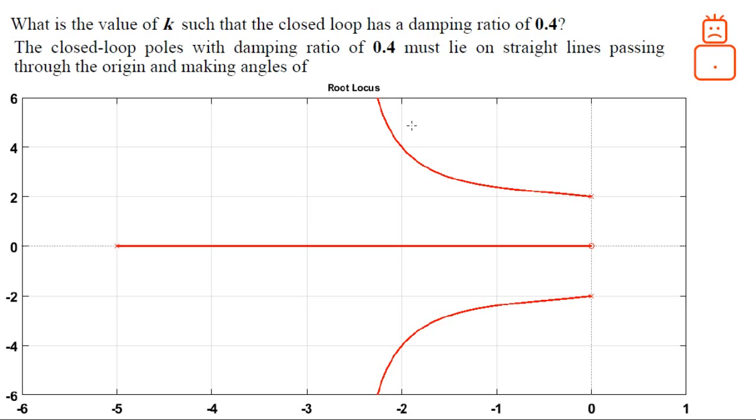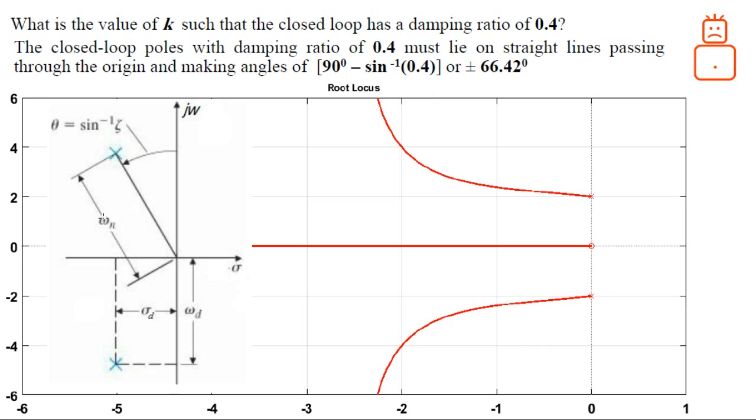If we treat the system as a second order system, the poles corresponding to a damping ratio of 0.4 must lie on straight lines that pass through the origin and have an angle of 90 minus sine inverse 0.4, or plus minus 66.42 degrees. This angle comes from this figure here.